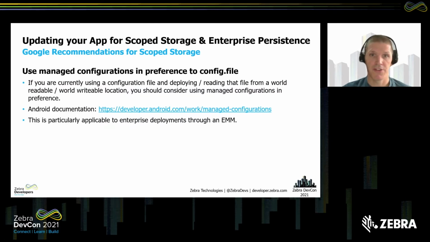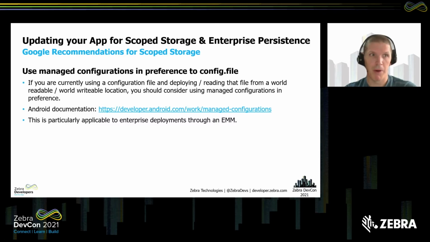The other suggestion, I keep banging on about the config file. Like I said in my EMM presentation, using managed configurations is the recommended way to go in preference to a config file, particularly if your application is going to be managed by an EMM, which increasingly more and more applications are, as we see a proliferation of EMMs in the field, particularly low-cost EMM solutions.